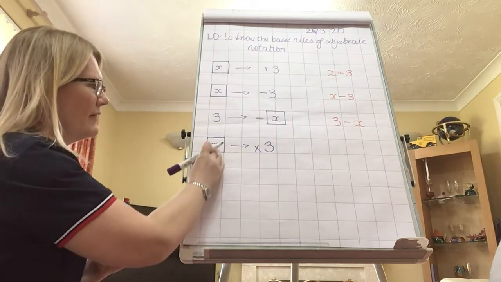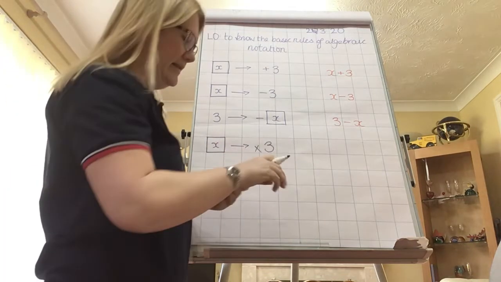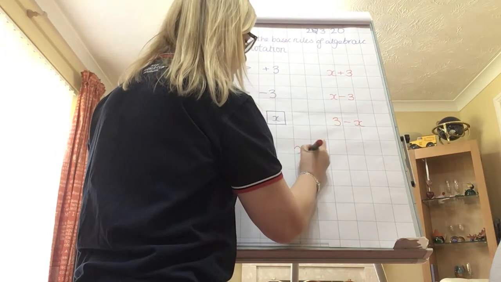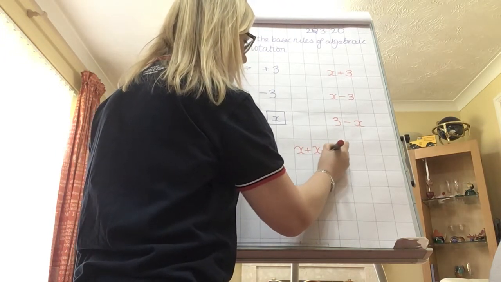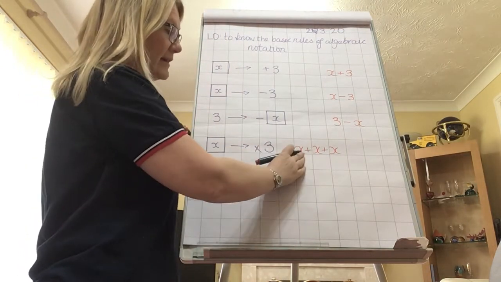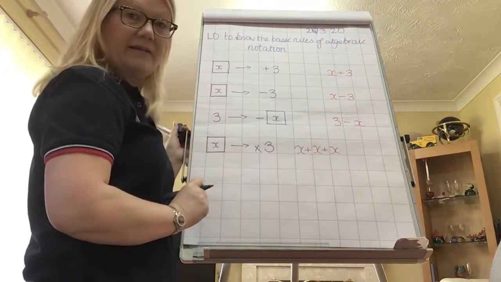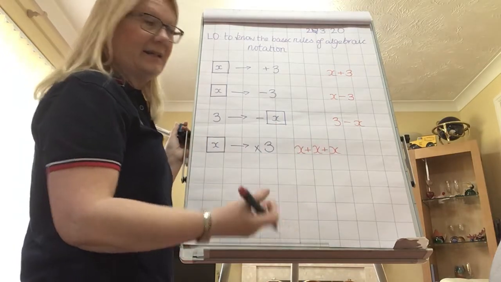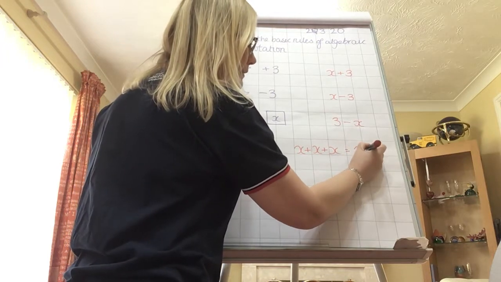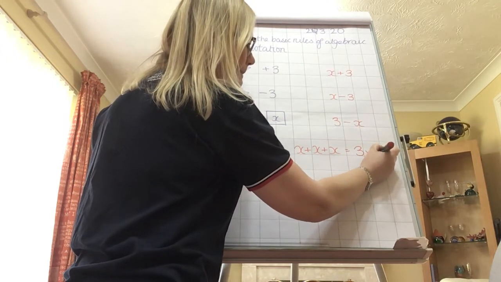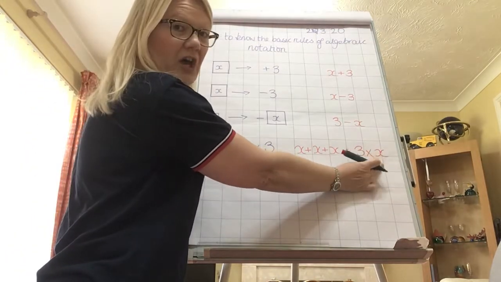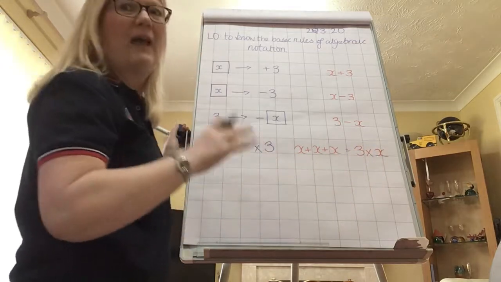I could have X plus X plus X. That would definitely be 3 lots of X. 1, 2, 3, X, and another X, and another X. Or I could write it as a multiplication. Three times X, and you can see there why I use a curly X when I'm talking about my variable.